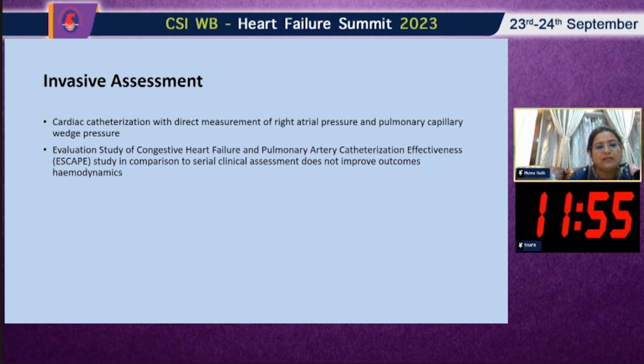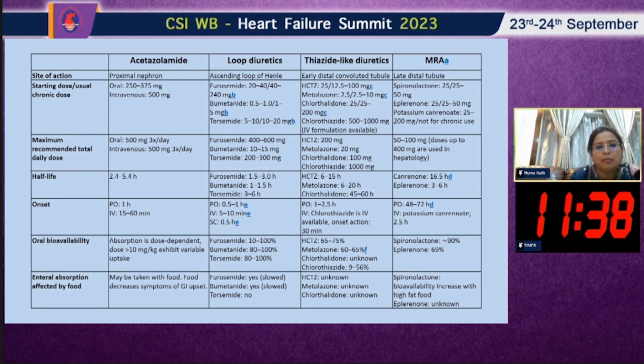There are also invasive assessments we can rely on, that is right atrial pressure measurement and pulmonary capillary wedge pressure. But the ESCAPE trial, in comparison to serial clinical assessment, showed no improvement in outcomes even if monitored invasively. So what are the common diuretics available in our practice?